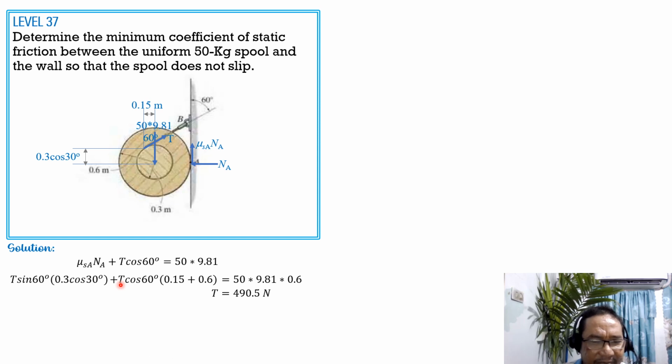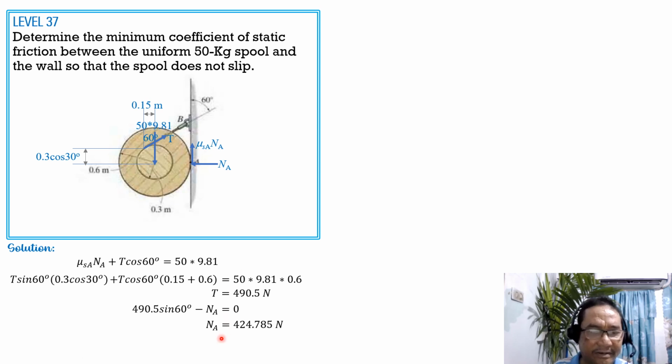It is 490.5 newtons. Then summation forces horizontal, so solve for NA. The component of tension is T sine of 60. So 490.5 sine of 60 degrees minus NA equals 0. So NA is equal to 424.785 newtons.